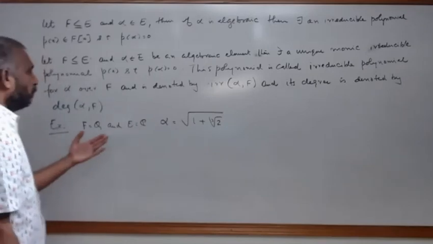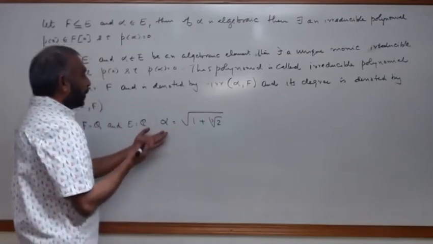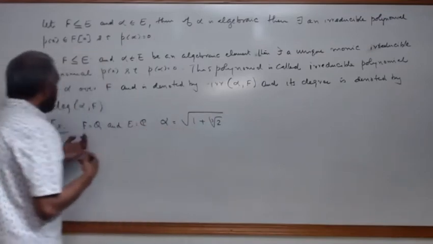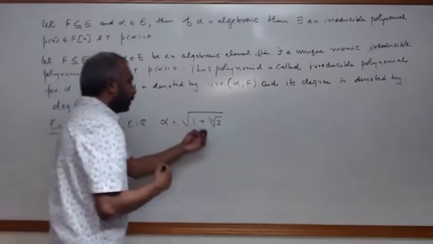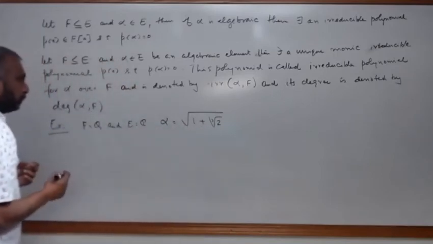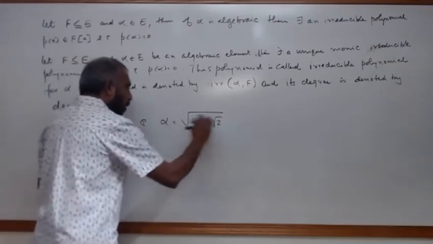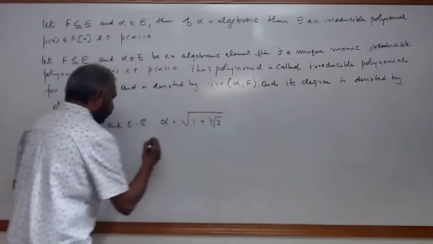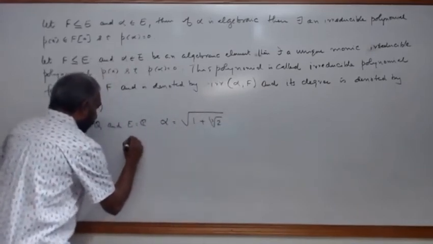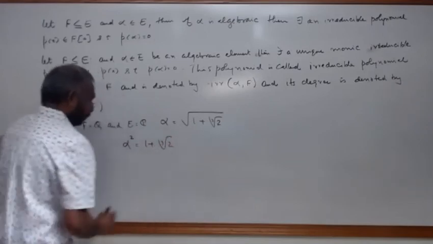So how do you find out? What we need to do is find a polynomial in F of x such that this could be a 0. In order to do that, you remove all the radicals, the square roots, cube roots and all. So alpha square is equal to 1 plus cube root of 2.